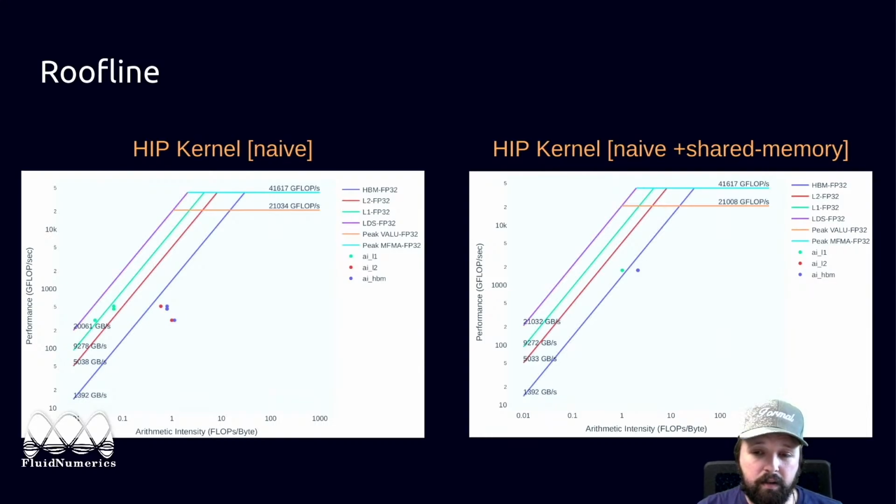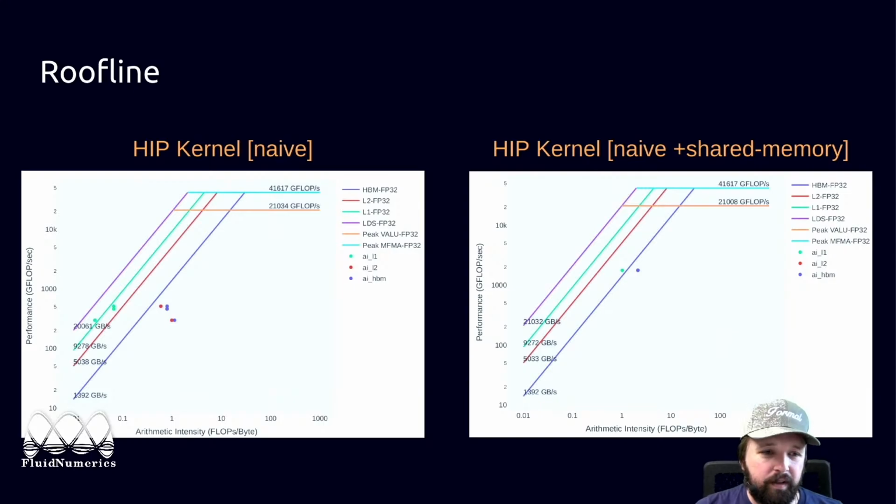The other measure of flops per byte you can get is if you look at how much data is read and written from L2 further up into the memory hierarchy. That's the red dot, the AI L2. And then you have the green one, which is telling you the flops per byte for everything read out of L1 cache, presumably into registers, or from registers into L1.